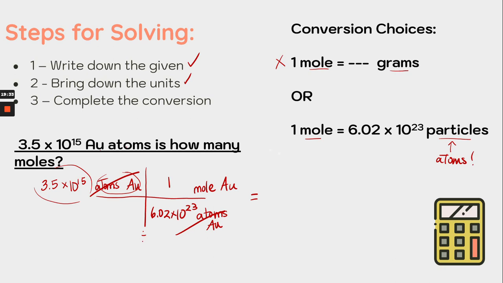You go straight into scientific notation. You don't have to use parentheses at all if you're doing it correctly. And then you get, with sig figs, 5.8 times 10 to the negative 9th. And remember that that negative 9 doesn't mean that it's a negative number. It just means that it is a very, very small number.